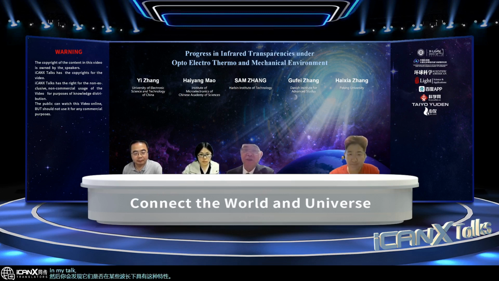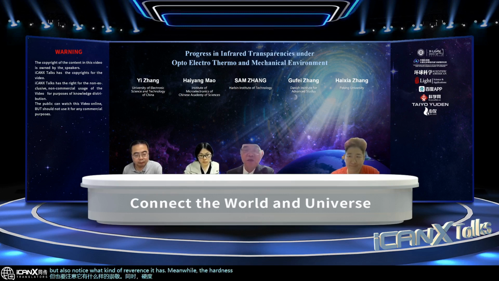In my talk, I only listed a few oxides. Of course, people can search more, or perhaps now you can use AI. You use ChatGPT to help find all the ENZ materials, but also notice what kind of wavelengths they have.